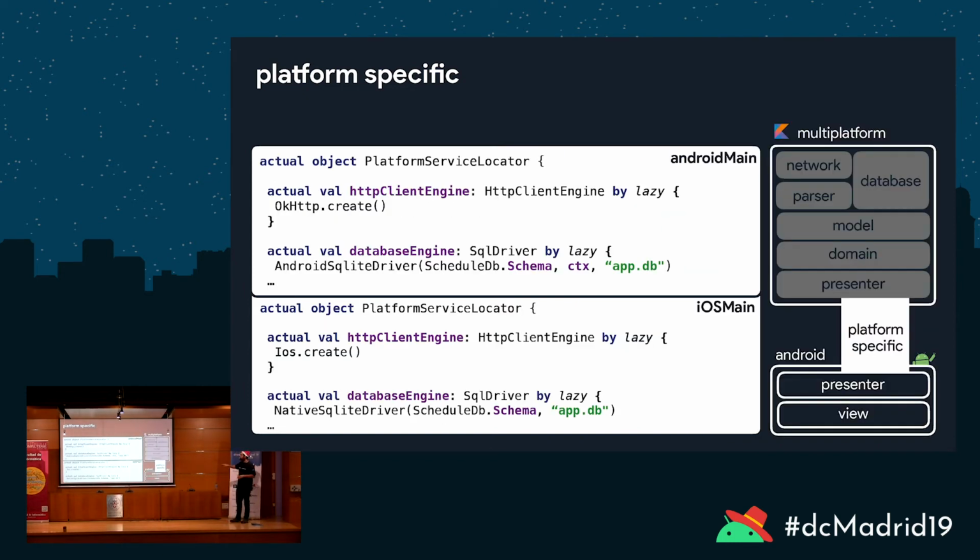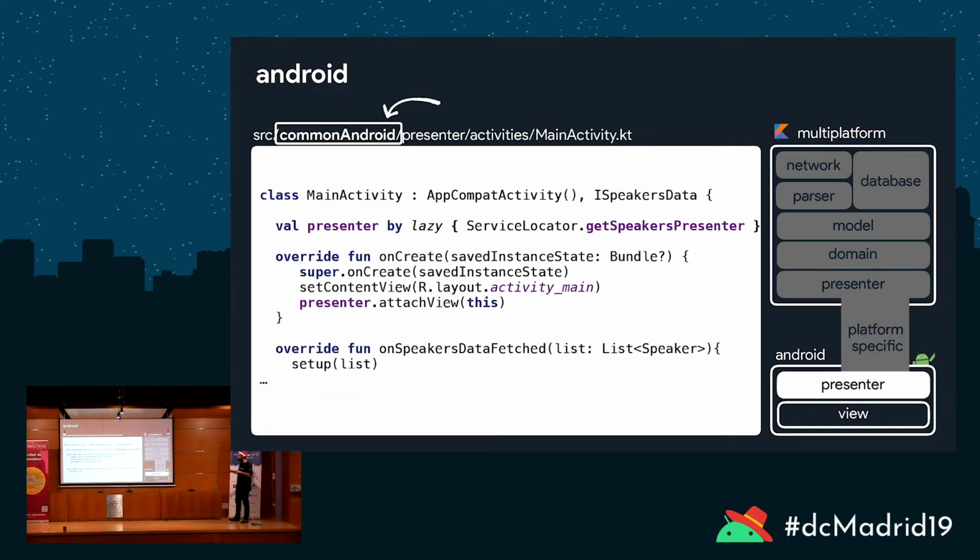Once this platform-specific part is defined, everything works out of the box. So let's see our Android code now. As you can see, we now move to common Android. Here we call the presenter that we've defined before, and we've got this attach view.